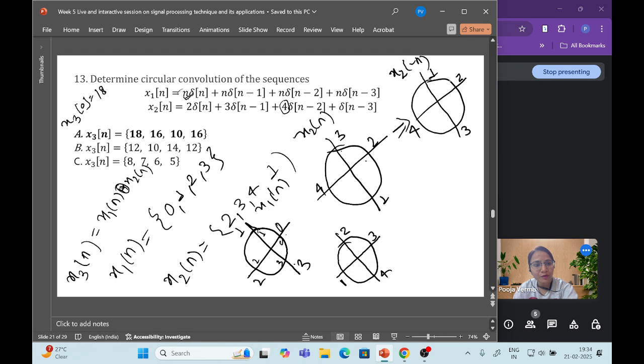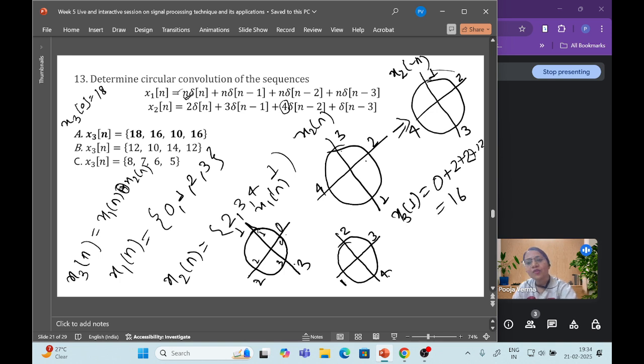Now multiply this with x1 of n to get x3 of 1. 0 into 3, 0, plus 2 into 1, 2, plus 2 into 1, 2, plus 3 into 4, 12, so 12 plus 2 is 14, plus 2 is 16.